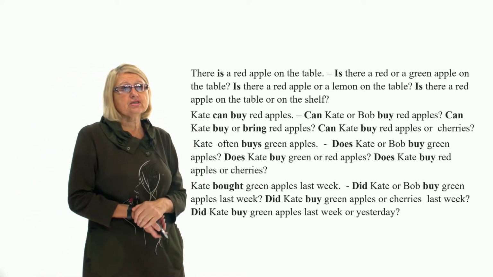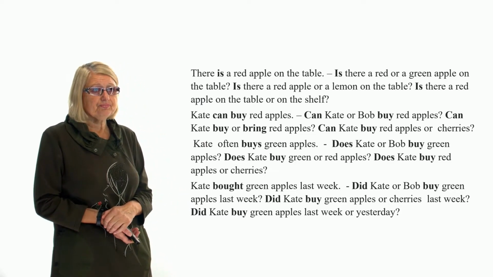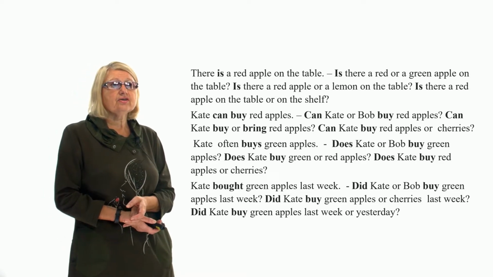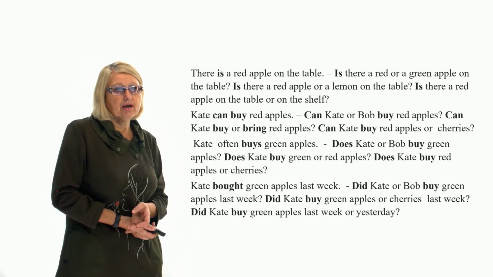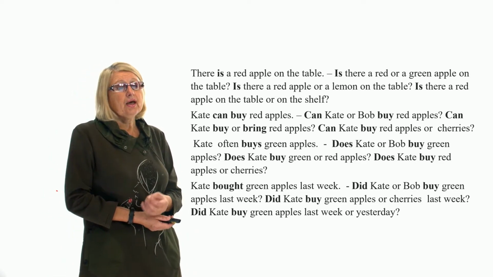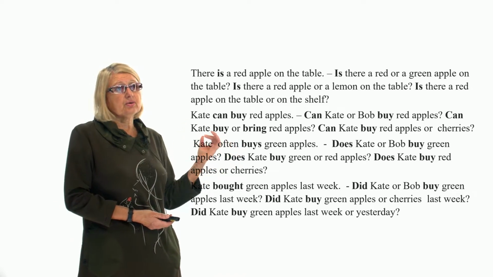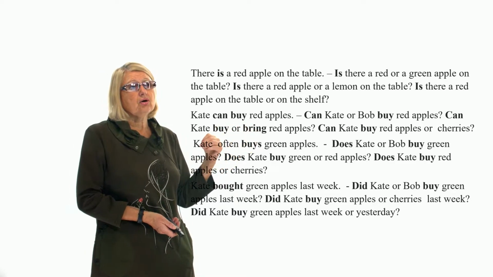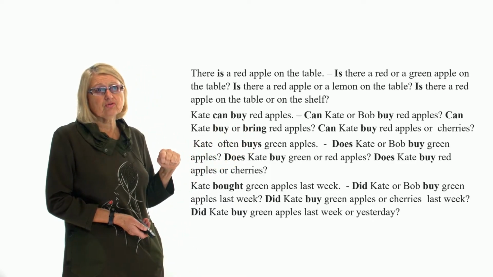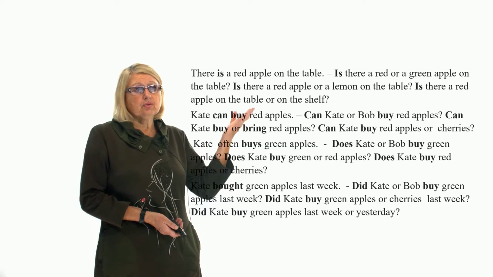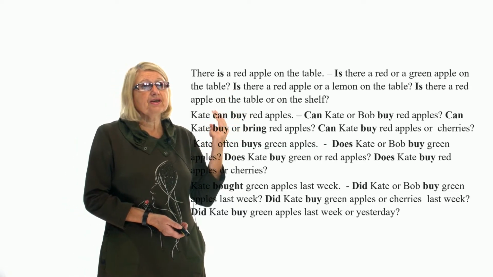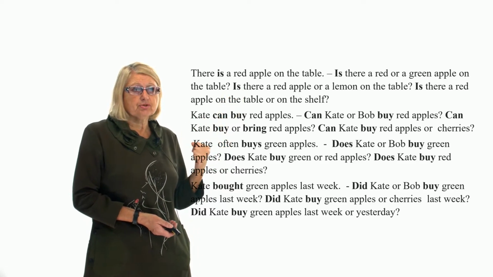You see, we start with the verb to be, and the sentence is the same. There is a red apple on the table. And then we ask about variations. Is there a red or a green apple on the table? We give a choice to a subject.